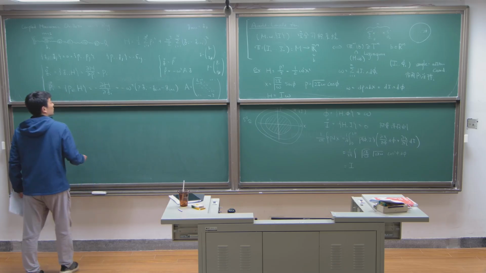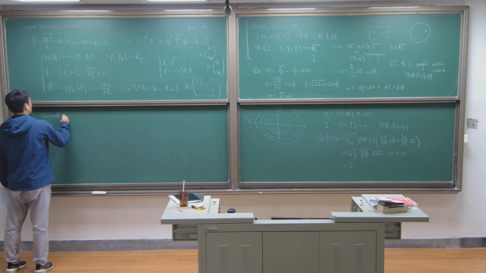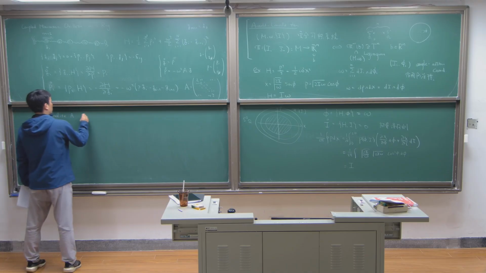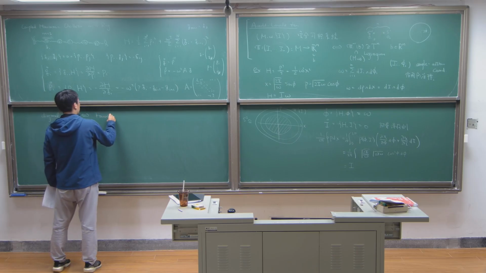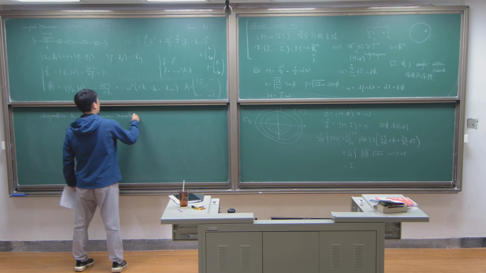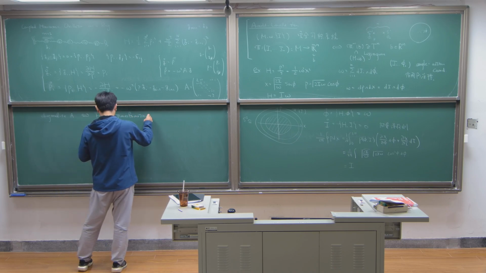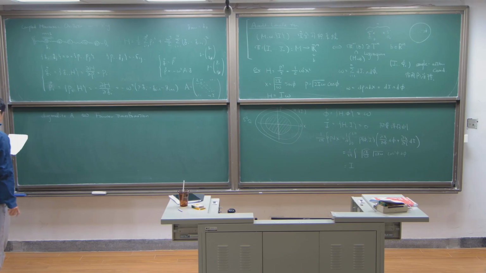So diagonalizing A is equivalent to the Fourier transformation. Okay.